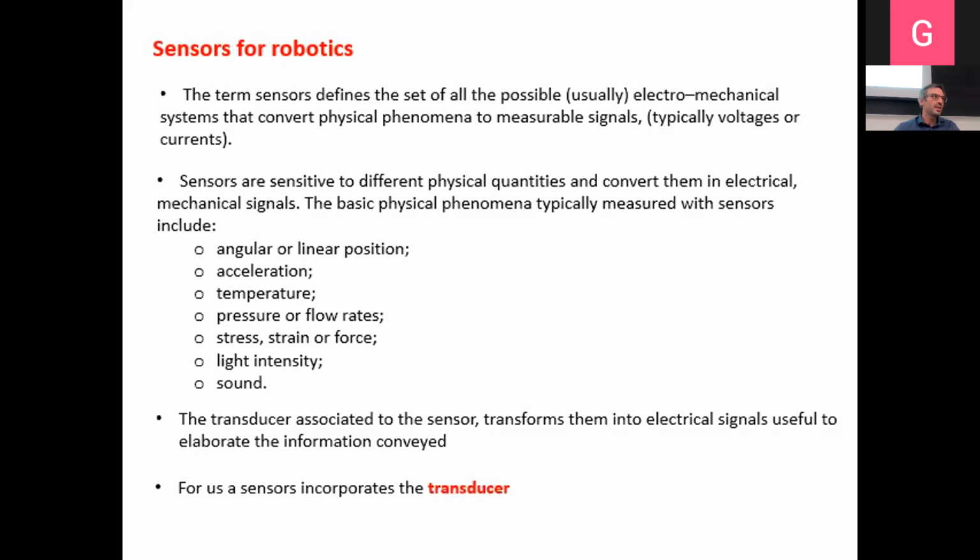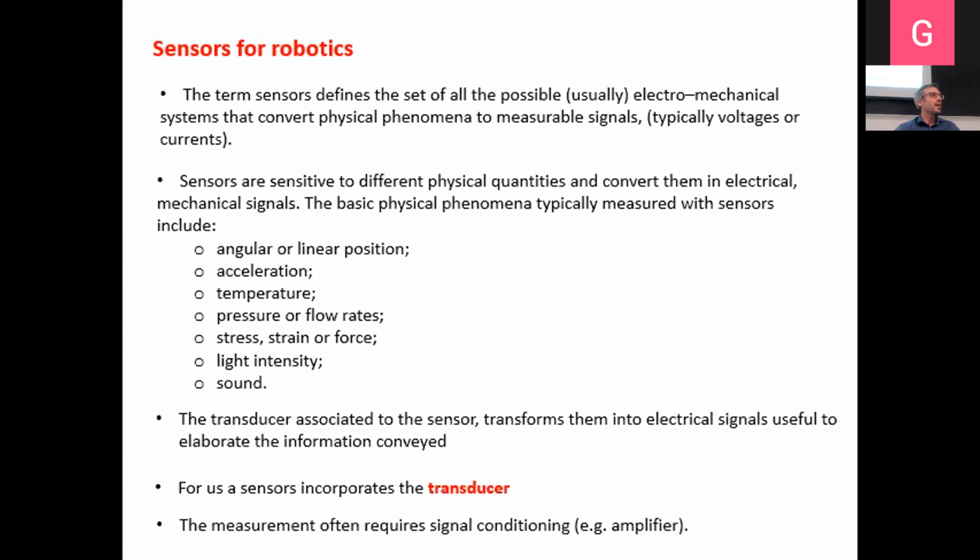So the sensor provides the electrical voltage or current, but mostly voltage. And after the sensor, we have a voltage that is between 0 and 100 millivolts, let's say.